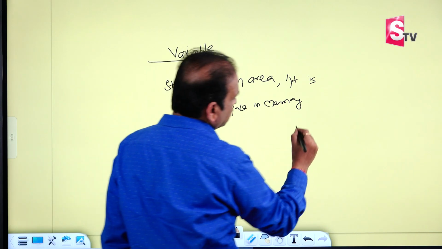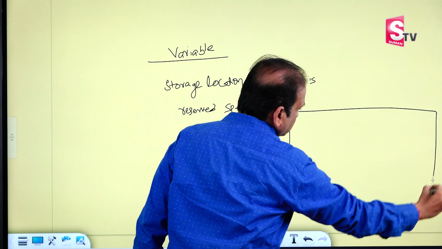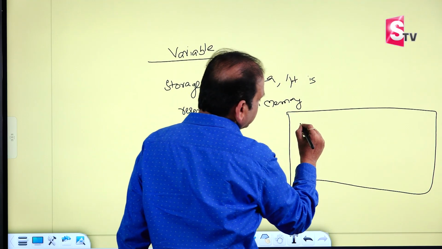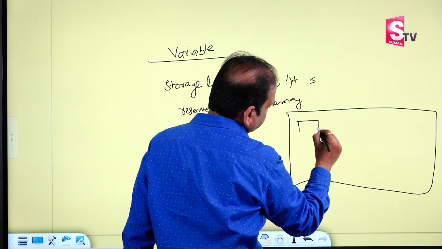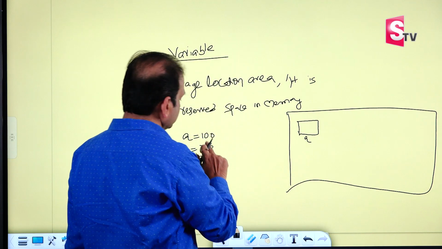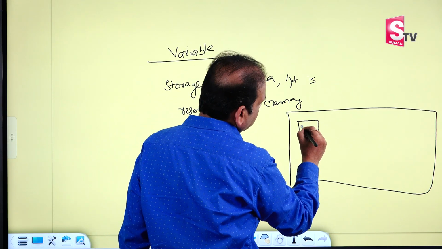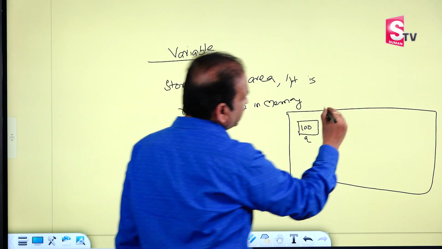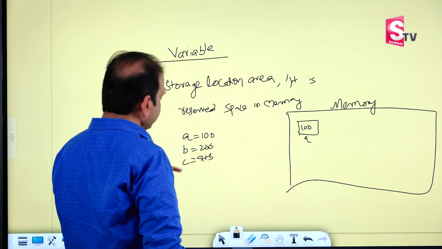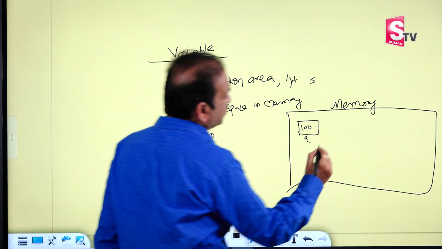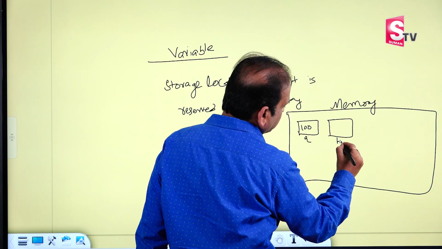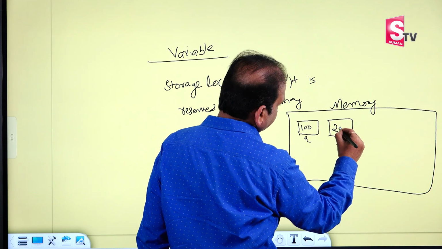So what happens? This is our memory, our RAM. When I say A equals 100, a small block is created in memory. The name of this block is A, and it stores 100. When I say B equals 200, another block is created in memory. The name of this block is B, and it stores 200.